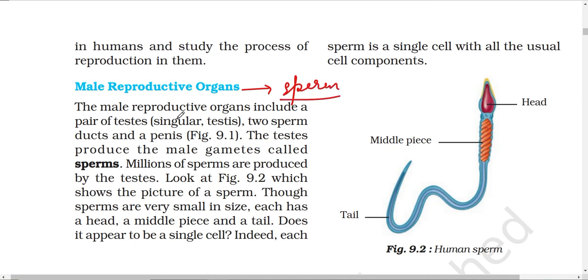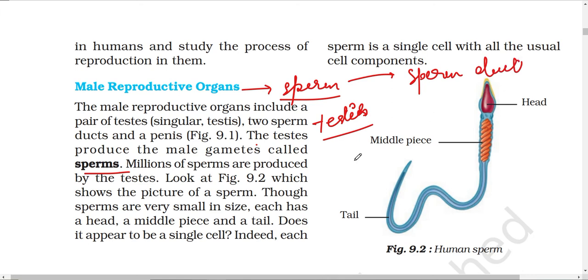And as you have seen here, the testes produce the sperm. After production, the sperm travels to the sperm duct. So I hope this is clear to all of you, what is the function of each thing.